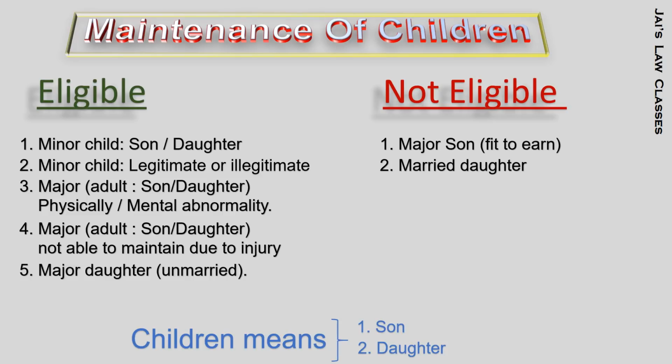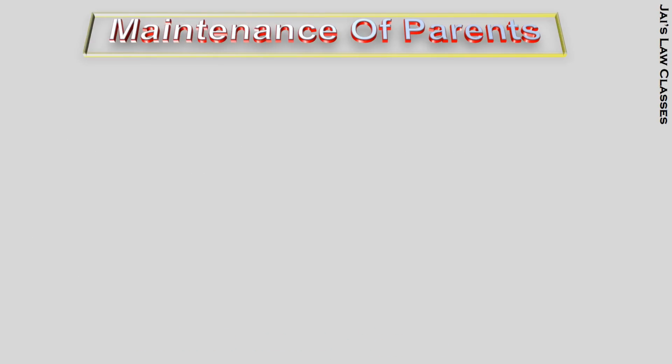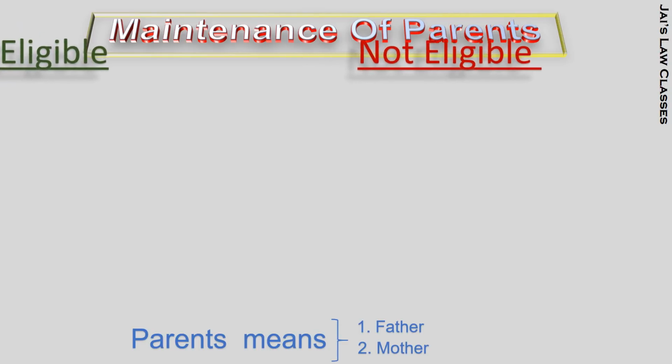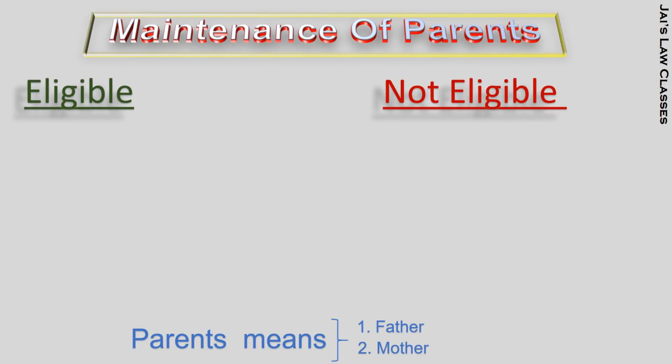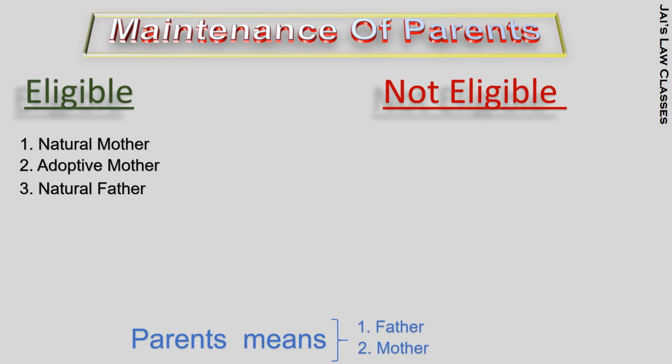Let's check the topic maintenance of parents. Parents means obviously father or a mother. Now who are eligible and who are not eligible? Let's check who are eligible first. Number 1, natural mother. Number 2, adoptive mother, a mother who has adopted a child. Number 3, natural father. Number 4, adoptive father, a father who has adopted a child.